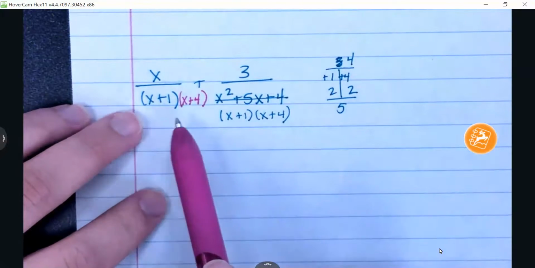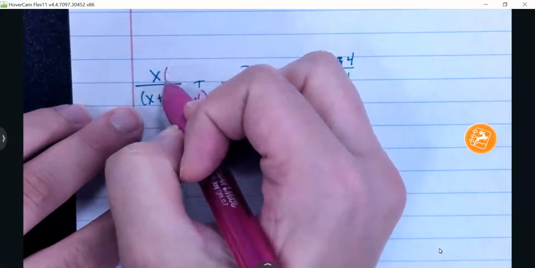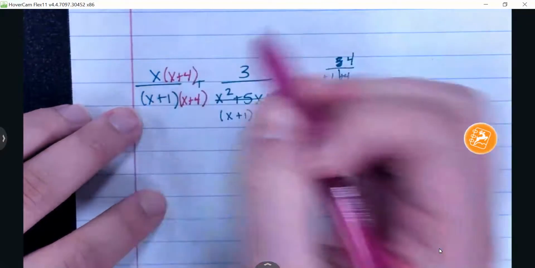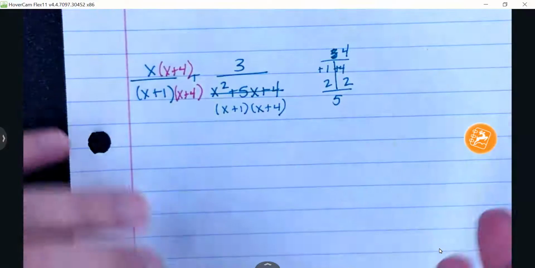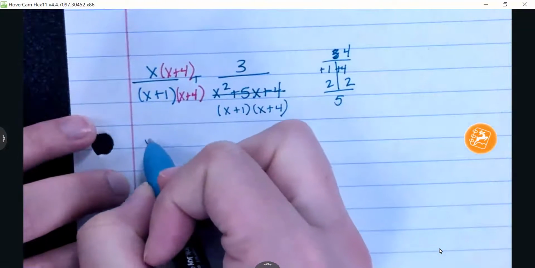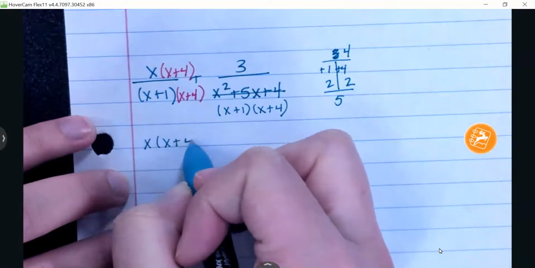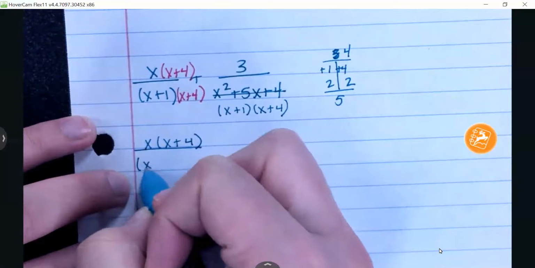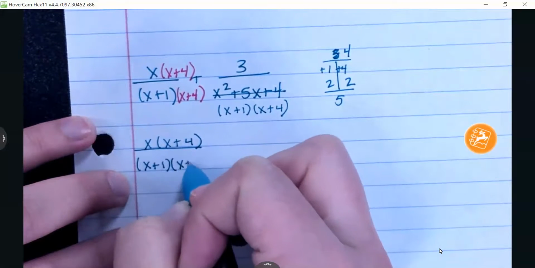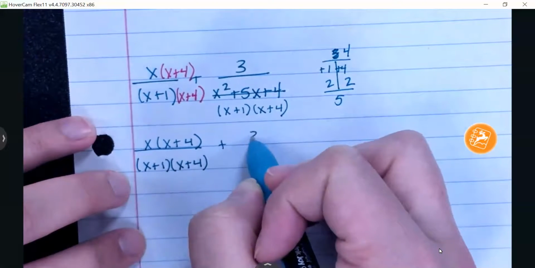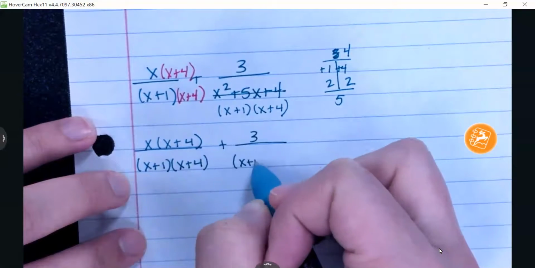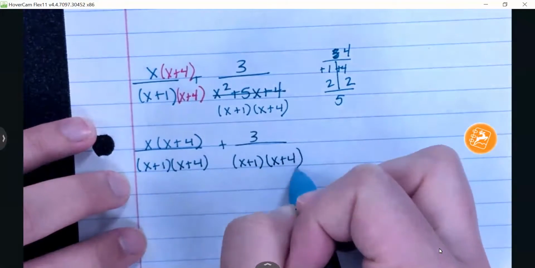And if I do that to the bottom, I do it to the top. So I'm going to rewrite this so it's a little bit neater. So I have x times x plus 4 over my denominator plus 3 over x plus 1, x plus 4.